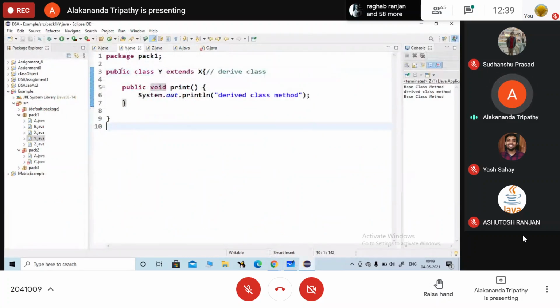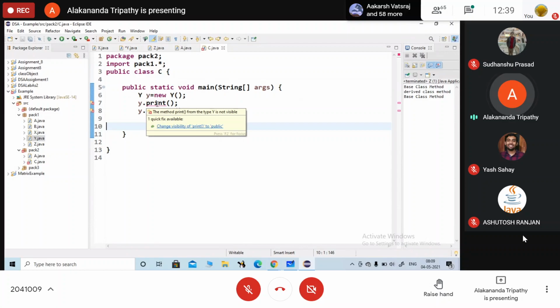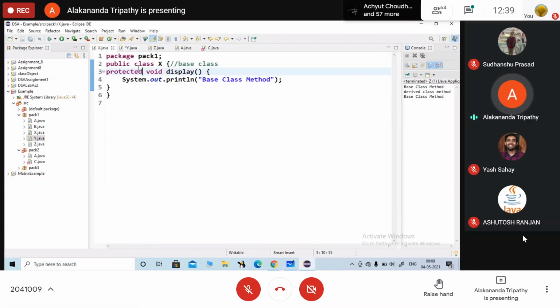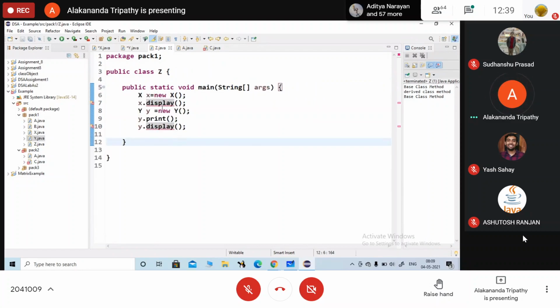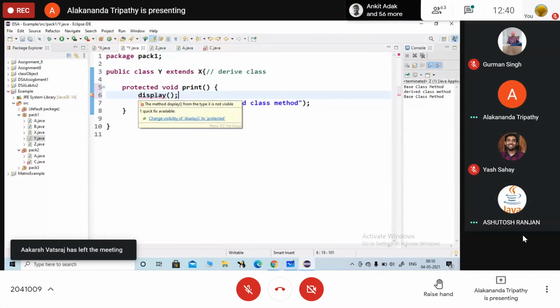Okay, you check the examples here. If here I declare the method as protected, it is accessible here, but it will not be accessible in another package. Now if I make this method private, see, what came here? Error. What is the method name? Display. What is the error here? See, the method display is not visible.